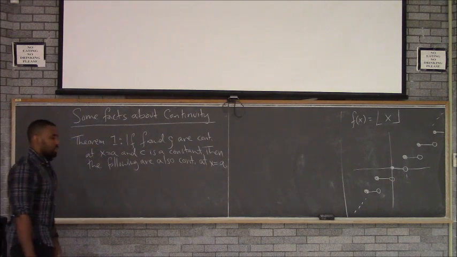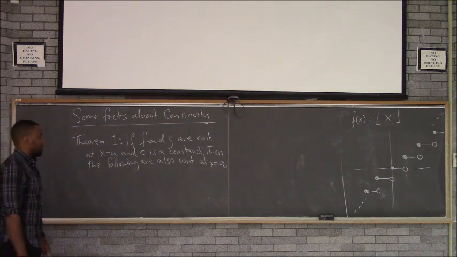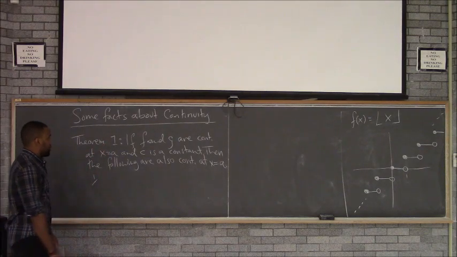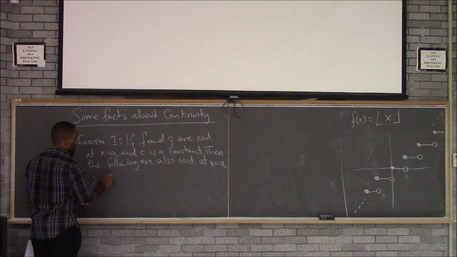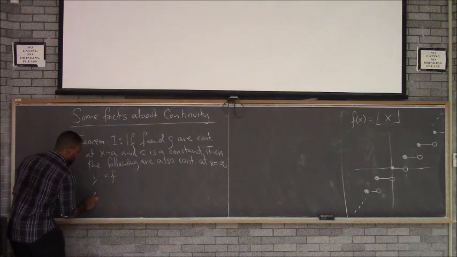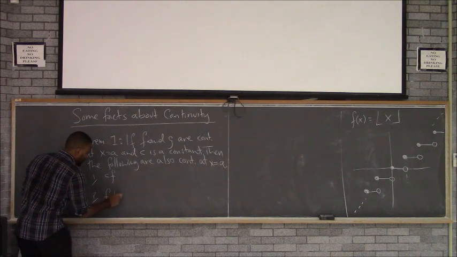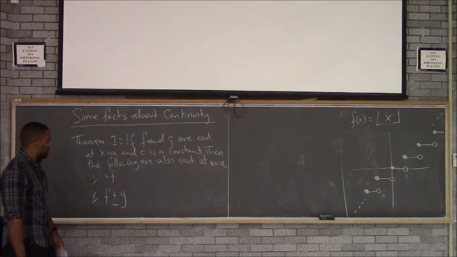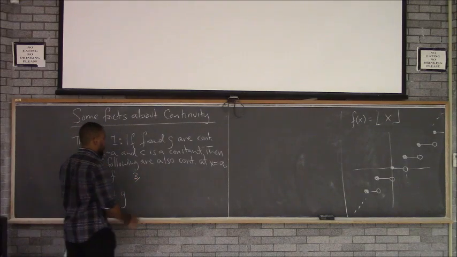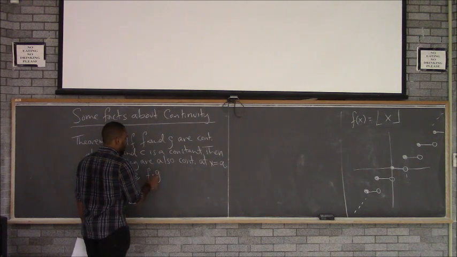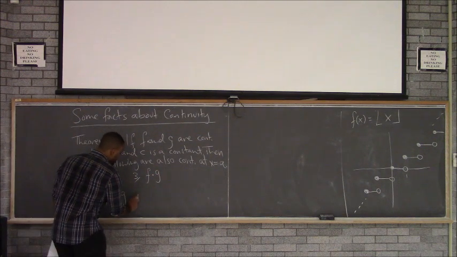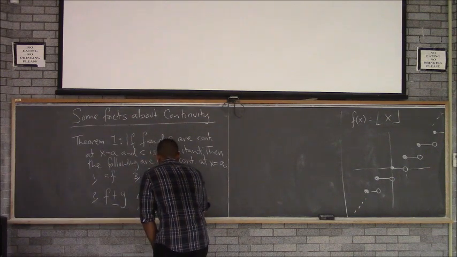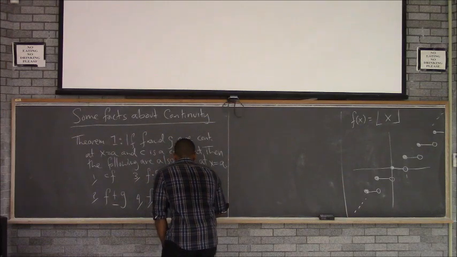These introduce the algebraic functions, which are just mixtures of the other ones by arithmetic operations and composition. It turns out that if a function is continuous, any constant times that function will be continuous. If you take the sum of continuous functions, you get continuous functions. Also, if you take the subtraction of continuous functions, you get continuous functions. If you take the multiplication of continuous functions, you get continuous functions. If you take the division of continuous functions, provided they're not divided by 0, that is also continuous.